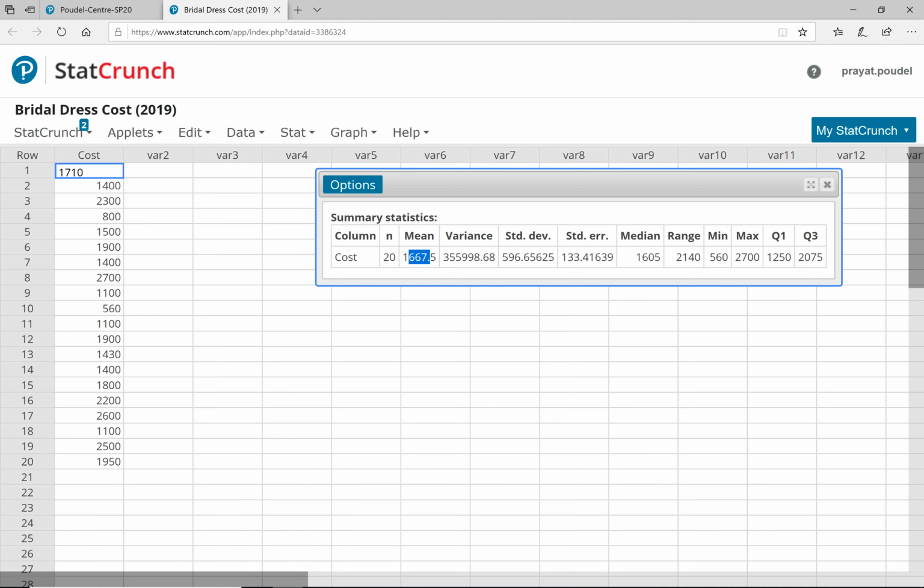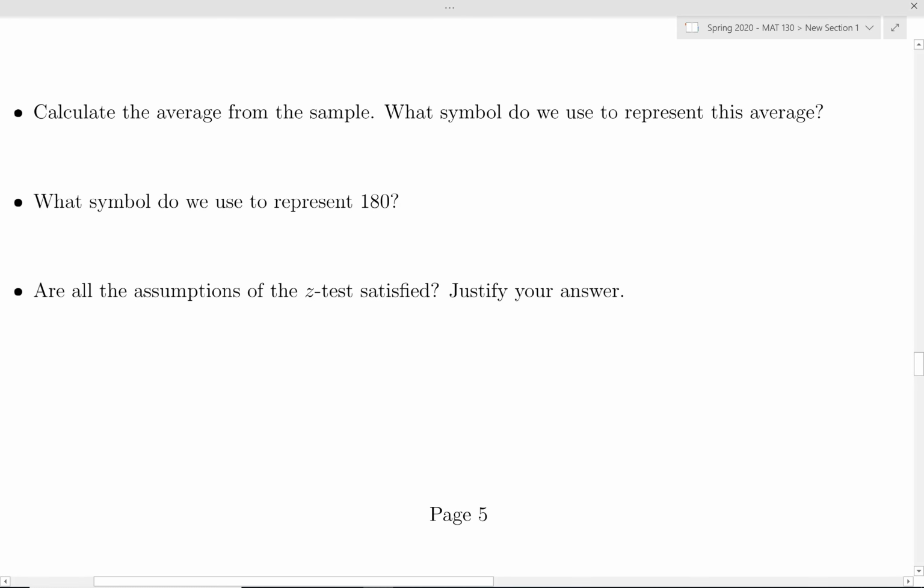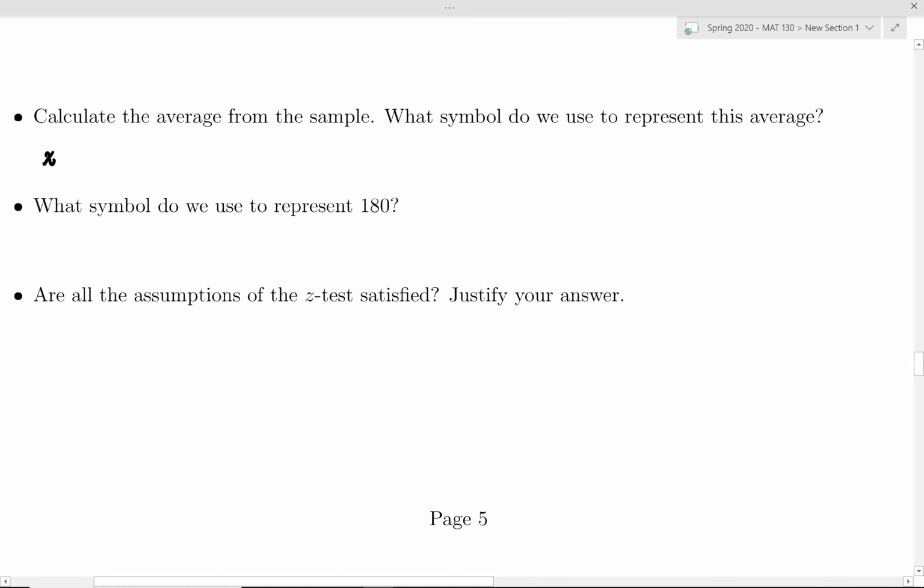This is the average from our sample. The question is, what is the symbol we use to represent this average? Is it mu? The answer is no. The symbol we use to represent this average is x bar, because we are finding the average of a sample. So from StatCrunch, we know the sample average is 1667.5.